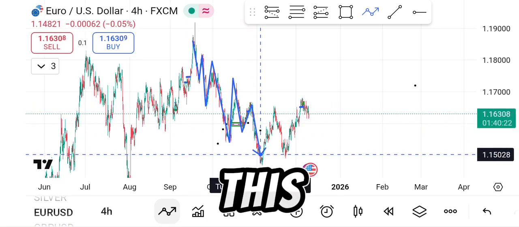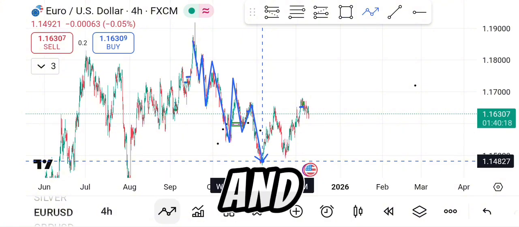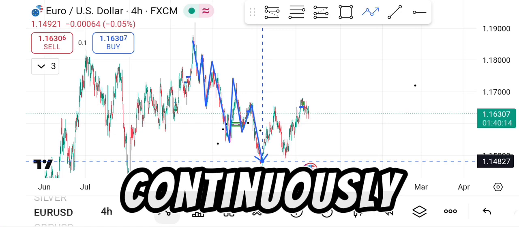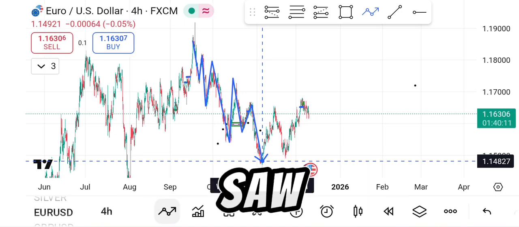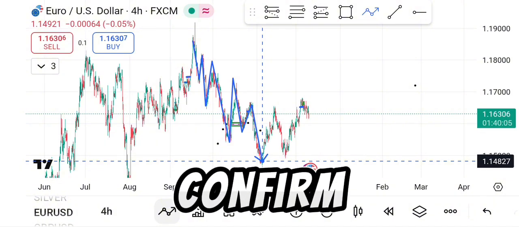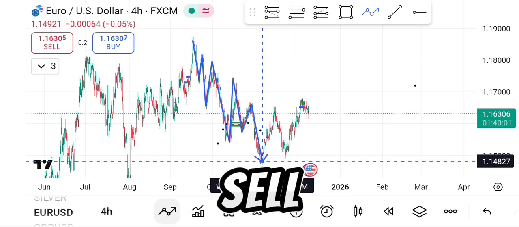You see this? This is a very good market condition, because there are both buyers and sellers, and like this, the market is making lower lows and lower highs continuously, confirming what I saw on the daily time frame, which was a bearish trend. On the 4-hour time frame, we still have a bearish trend, confirming what I saw on the daily. So now I am only looking to sell the market.